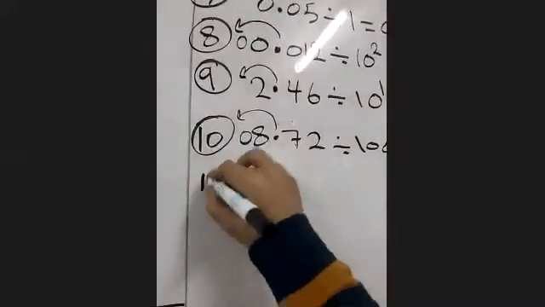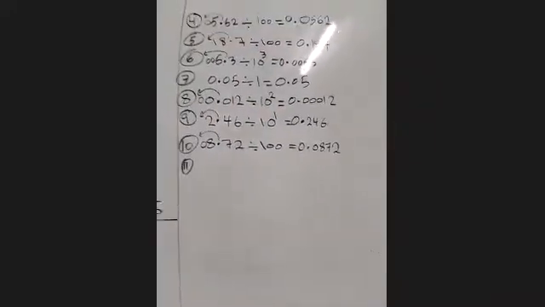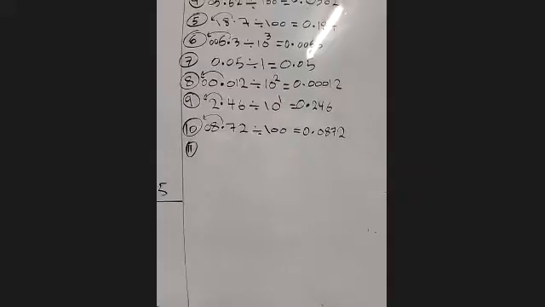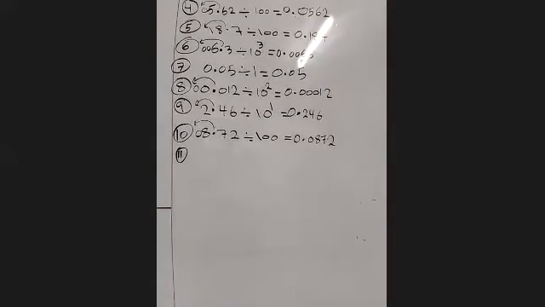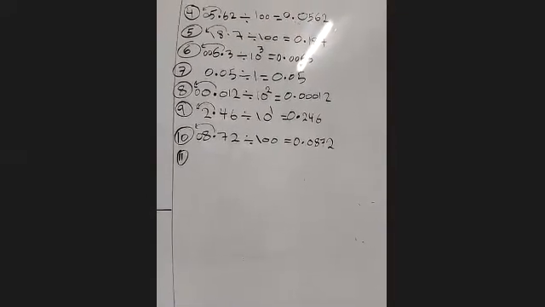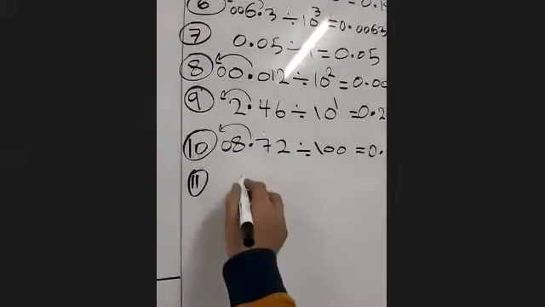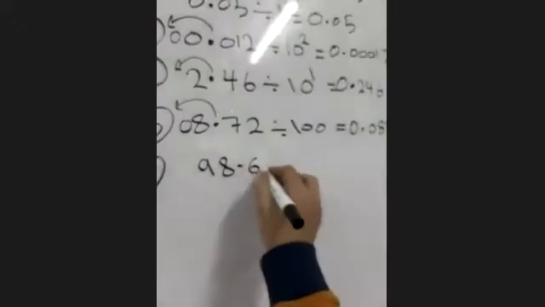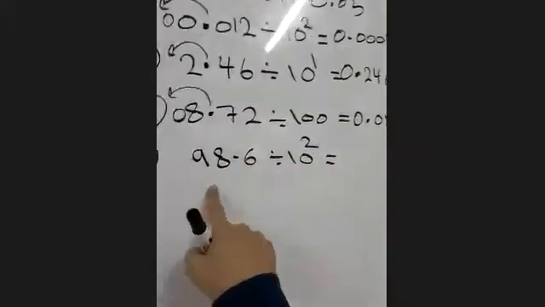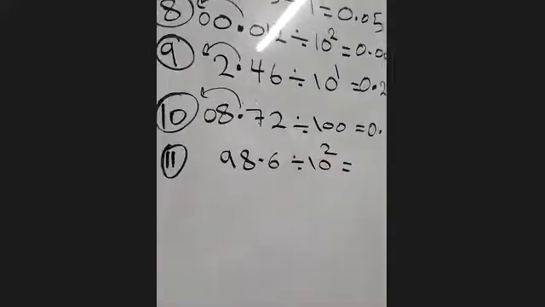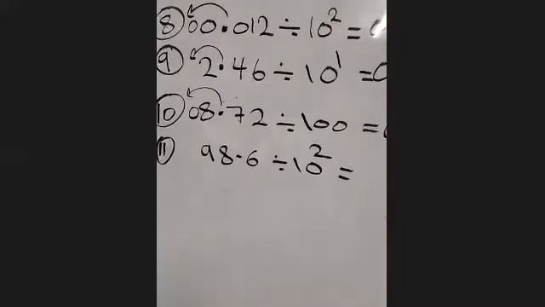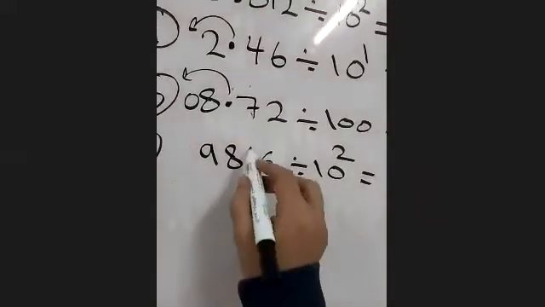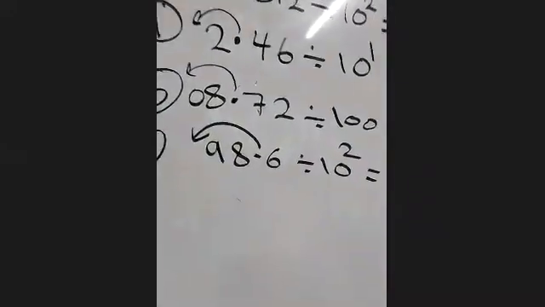Question 11. Imran. Yes, Mr. 98.6 divided by 10 to the power of 2, right? Yes. We have 2 zeros, so we're gonna push the decimals to the left 2 digits.